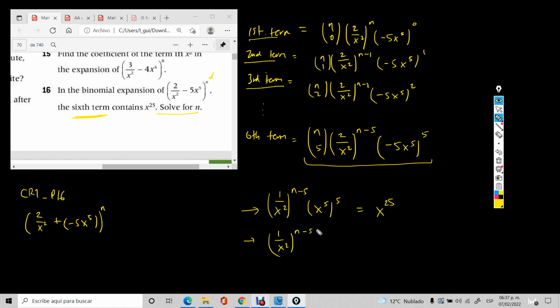Let's solve for n. x to the 5 to the 5, that's going to be x to the 25, which is the same as this one. So we divide both sides by x to the 25, and we should get that this raised to this exponent is equal to 1.